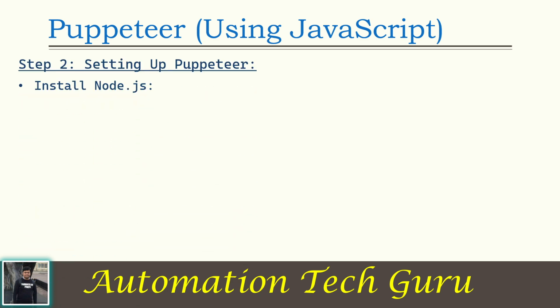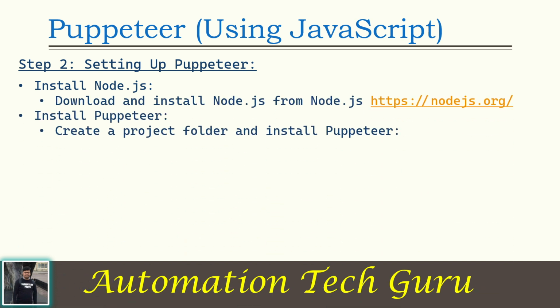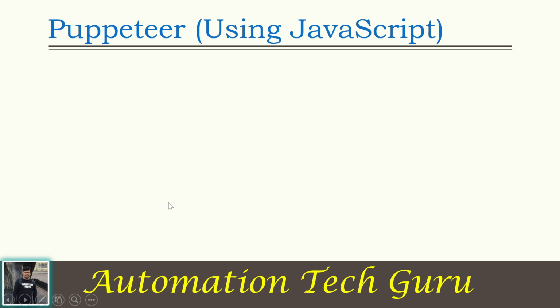Setting up Puppeteer. For that, install Node.js: download and install Node.js. We already did that. Install Puppeteer. So how can you do that? After installing Node.js, you can use these commands: npm, mkdir puppeteer-project, npm init, npm install puppeteer.